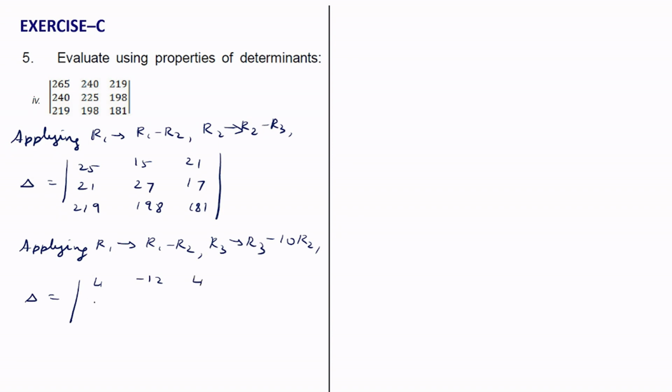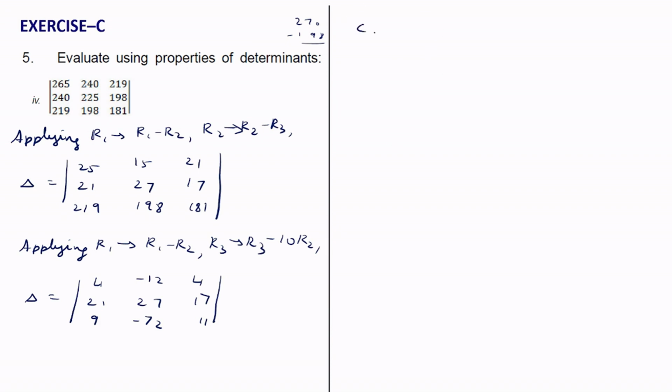Then R2 remains the same. Next R3 changing to R3 minus 10 R2. So 219 minus 210, 9. Then 198 minus 270, so 270 minus 198, so it is minus 72. Then 181 minus 170, it is 11.